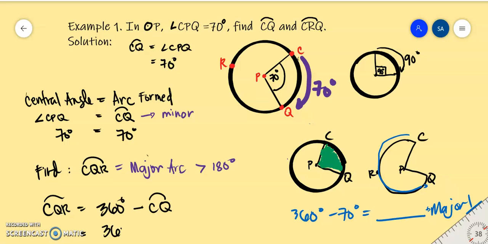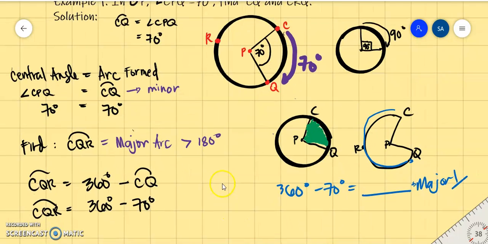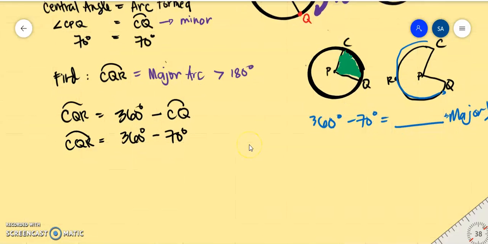So we have 360 degrees minus 70 degrees. Next, you have to subtract now 70 from 360. So 360 minus 70, you have 290 degrees for the measure of the arc.